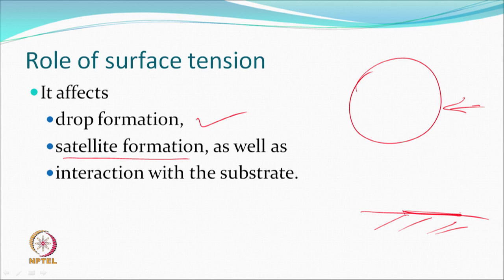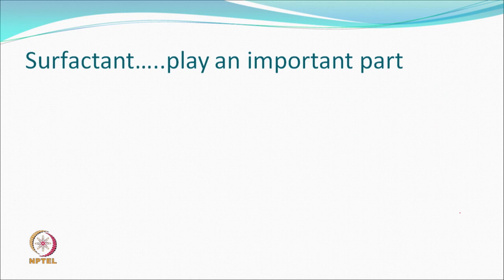So, all the interactions with the substrate also will be governed by the surface tension properties. Now, in this case, obviously a surfactant, for whatever reason you add it, will play an important role, because surface tension will change whenever you add any surfactant.